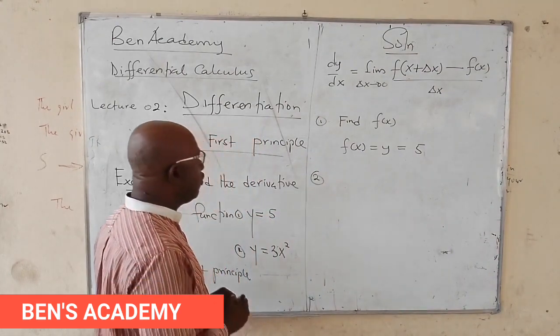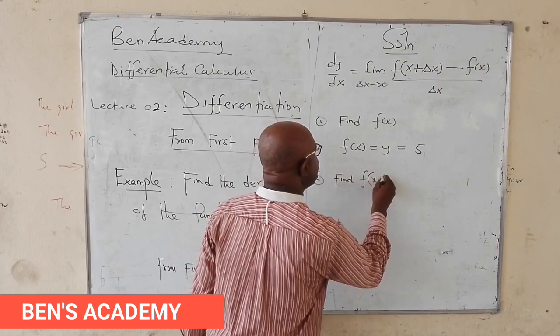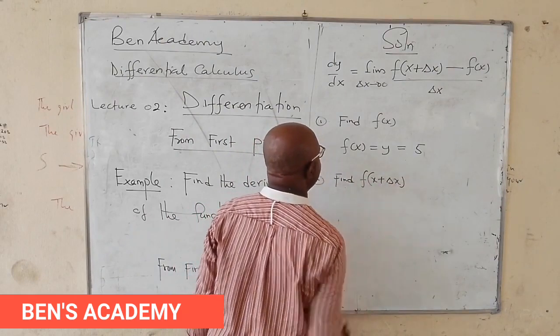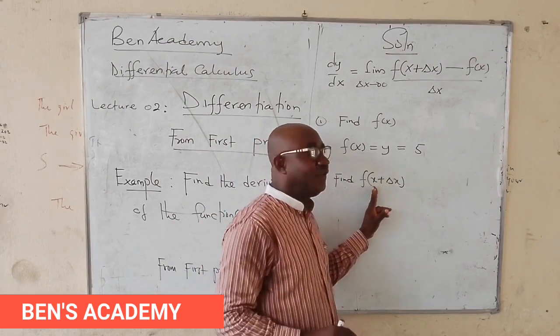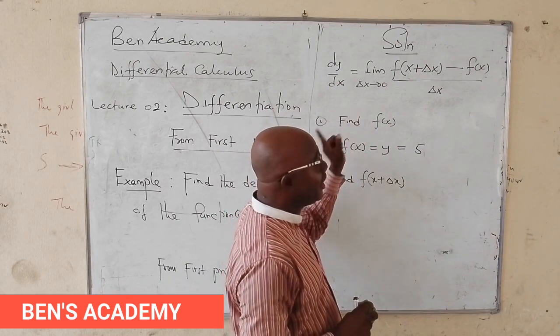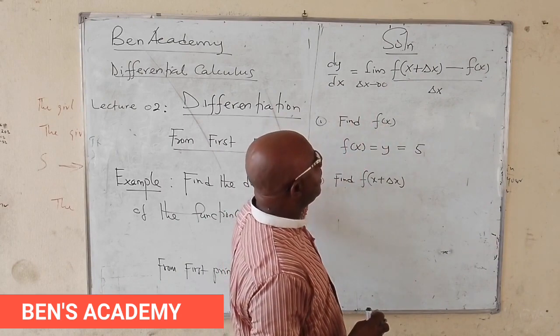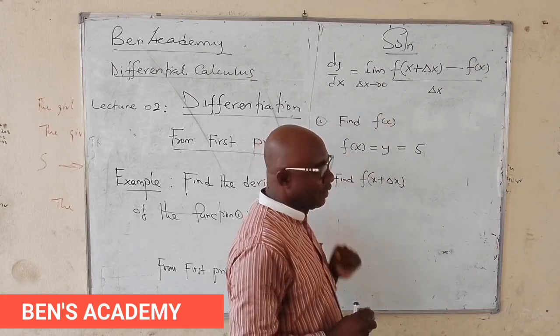Having done step 1, let's now move to step 2. In step 2, we will now find f of x plus change in x. Let me explain this. If I have a function given to me as f of x, and there is any input, any number I substitute in place of x, there will be a corresponding output.